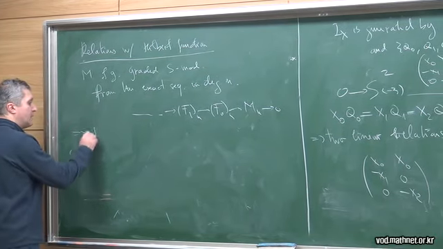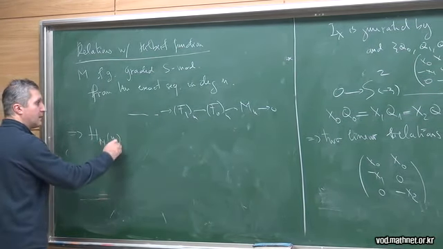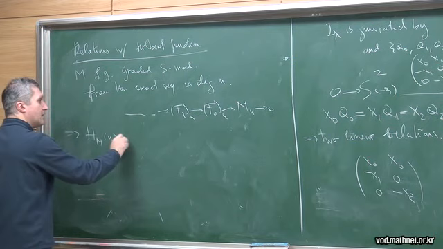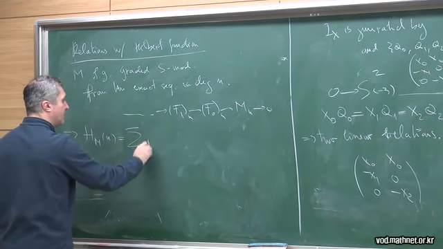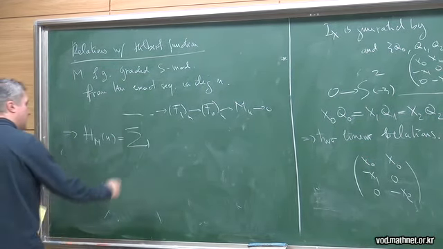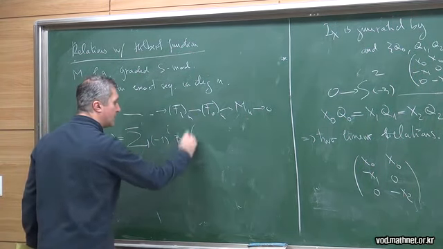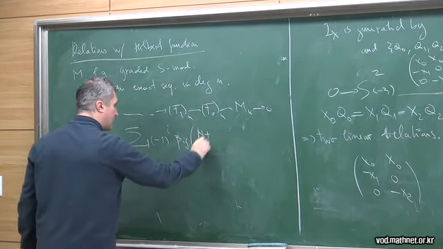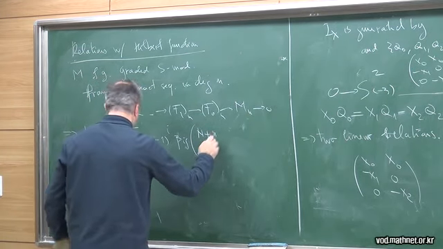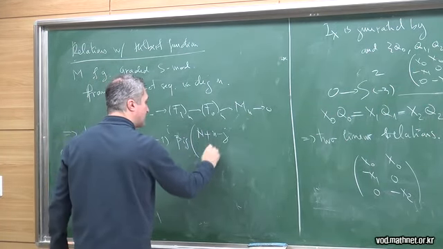We get H_M of n, which is the dimension of this vector space, is the sum of minus 1 to the i, beta ij, and here we have n plus n minus j, choose n.